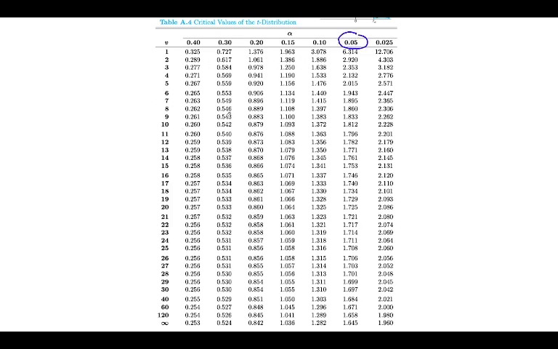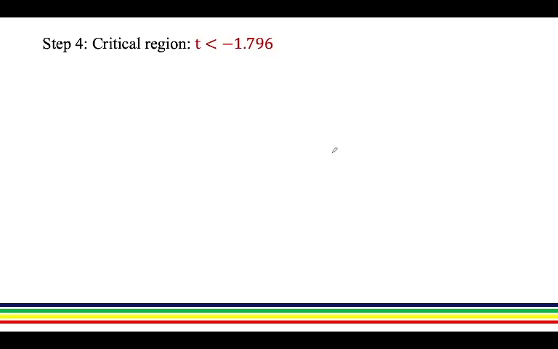We will be using the term degrees of freedom, or DOF, which some other references call DF. DOF is the number of samples n minus 1. In this example, that is 12 minus 1, which is 11. So basing on v equal to 11, we can get a value of 1.796. So that is our critical region.